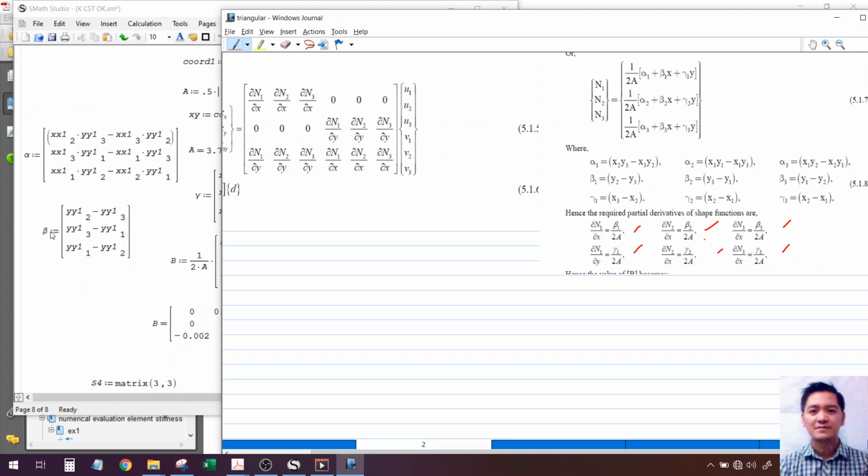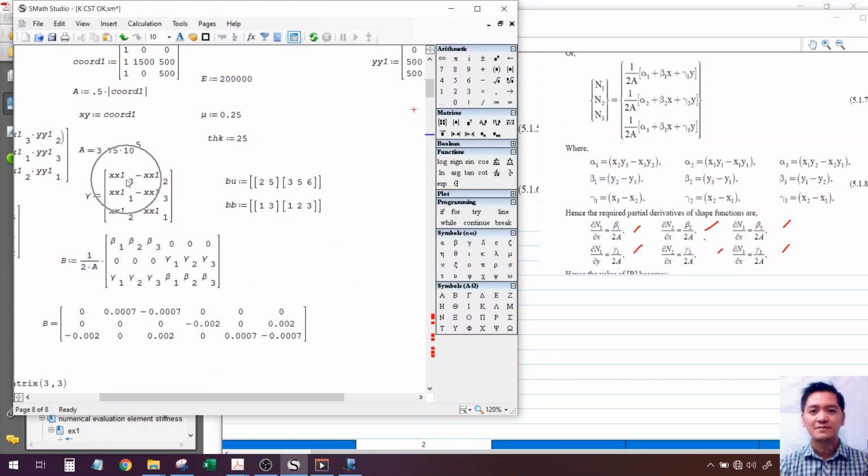How about the beta matrix? Ito naman yan, no? y2, y3, y3, y1, y1, y2. And then the gamma: x3, x2, x2, x1, gamma 3.